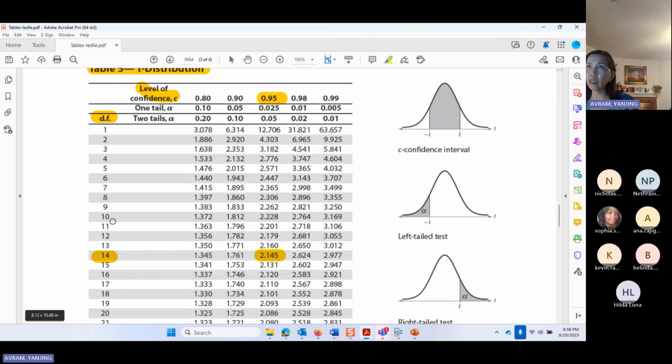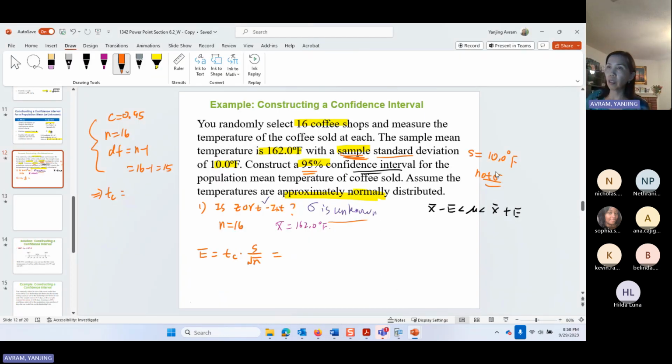Let me erase this so you don't get confused. df is 15, and the confidence level is 95%. So that should be this one, and the critical value is 2.131.